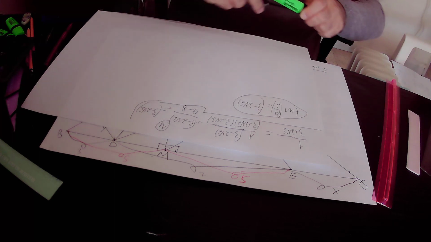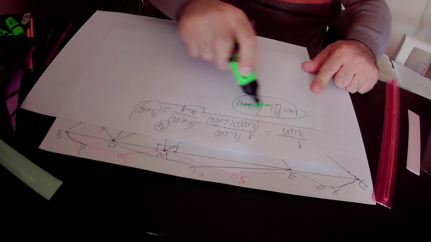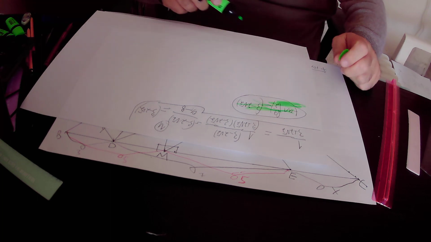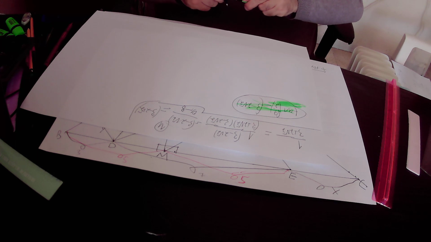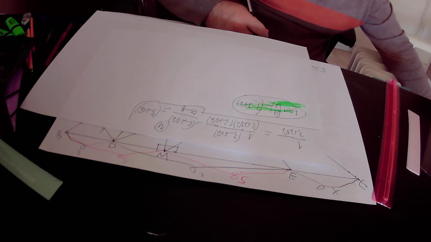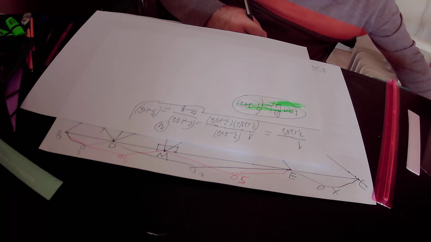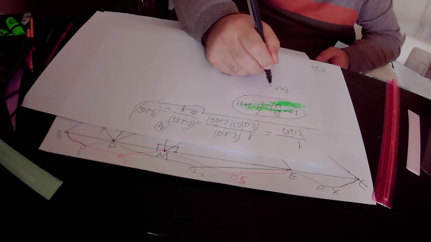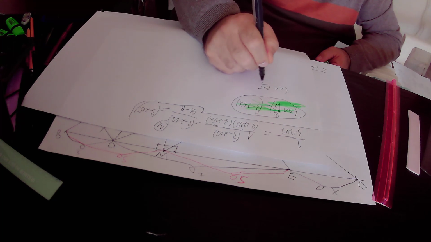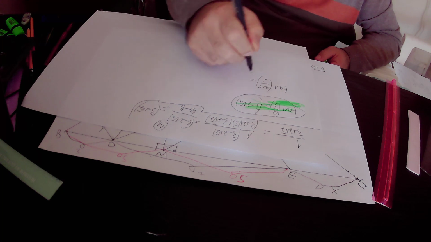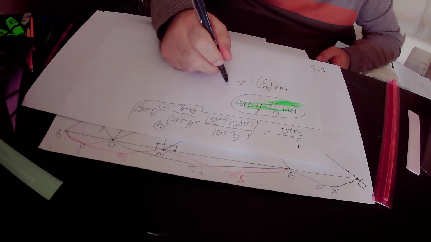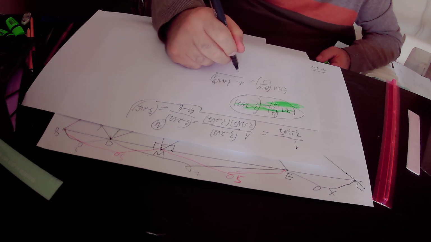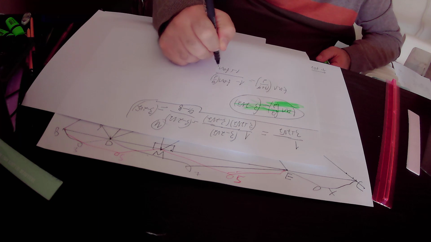So now we will put the value of tangent theta over 2 inside the equation for tangent theta plus alpha over 2. We have already found out that tangent theta plus alpha over 2 is equal to 1 minus tangent theta over 2 over 1 plus tangent theta over 2.